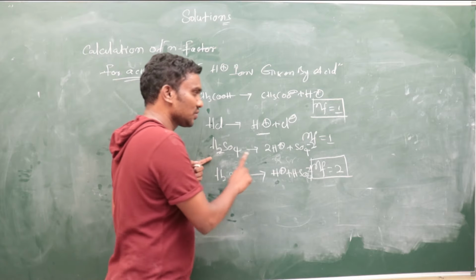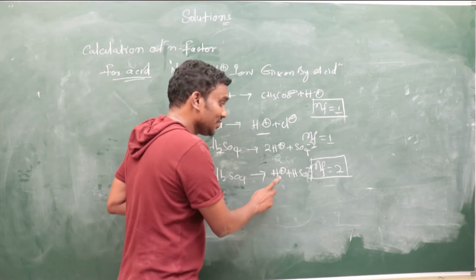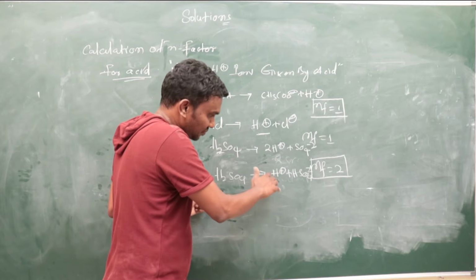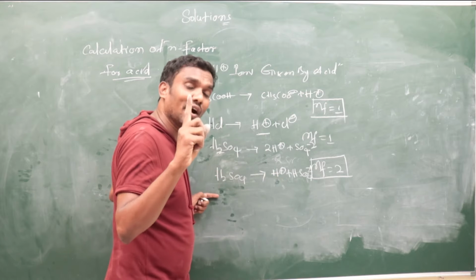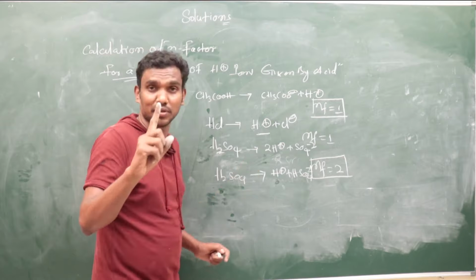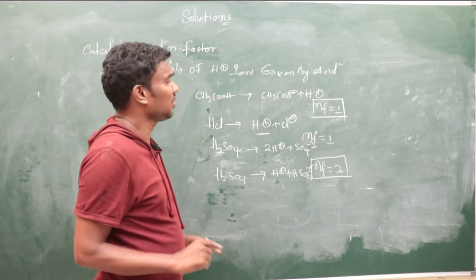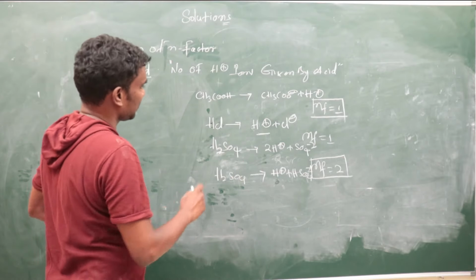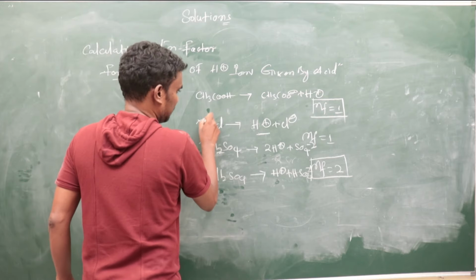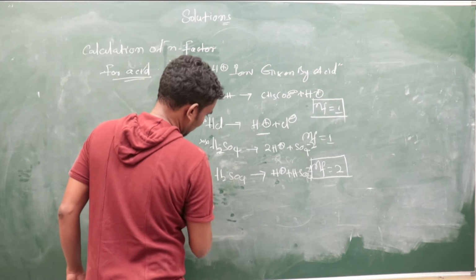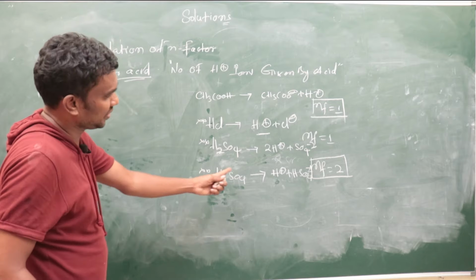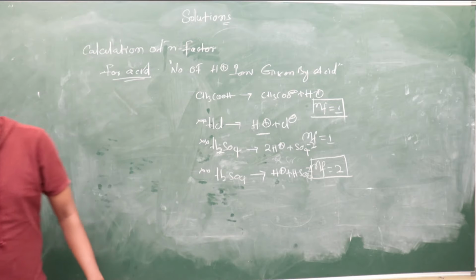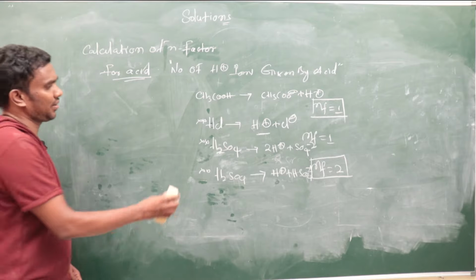In one case 2 H plus are given, in the other only 1 H plus is given. It depends only on the chemical reaction. So please take down, this is about acids.